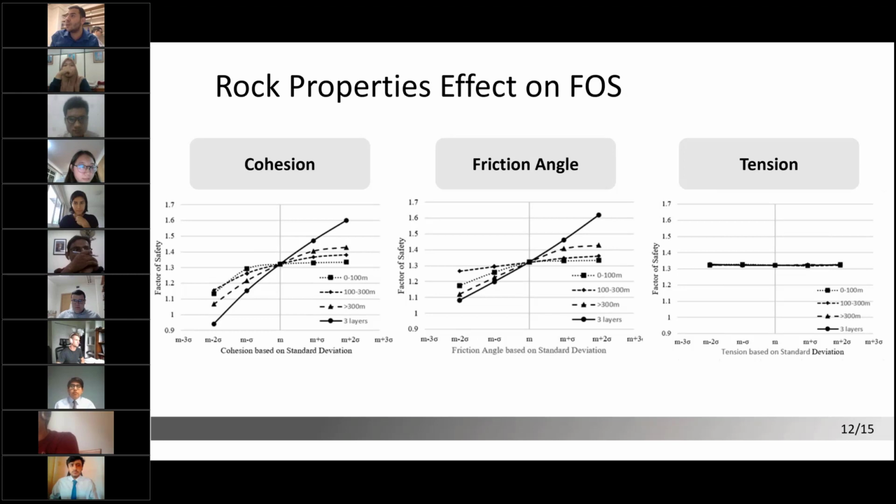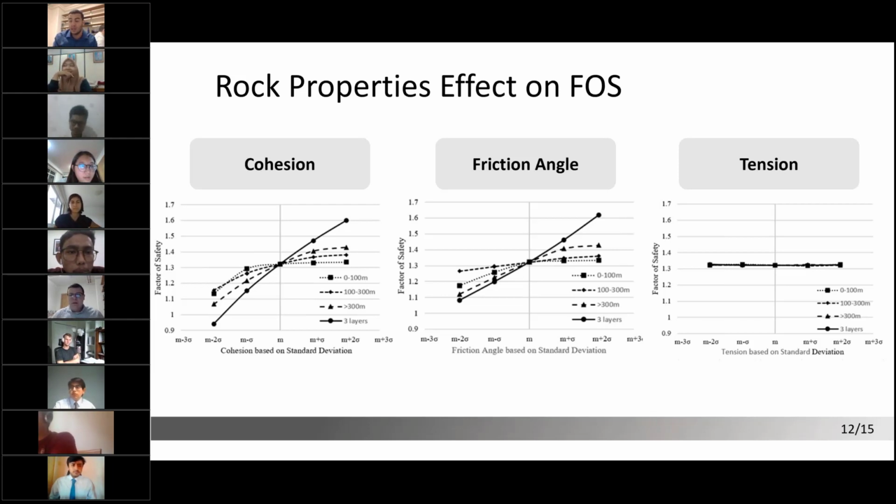Yeah, so what we did here was at the beginning we designed the slope according to the mean values in order to be in the middle of all the possible factors. Then we took the COV values and generated the different possibilities that may exist for these parameters.